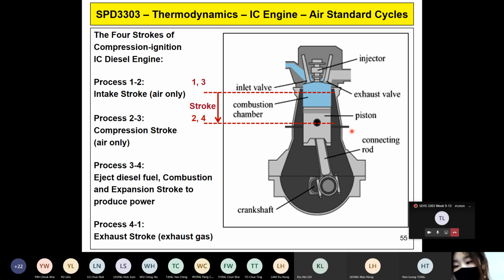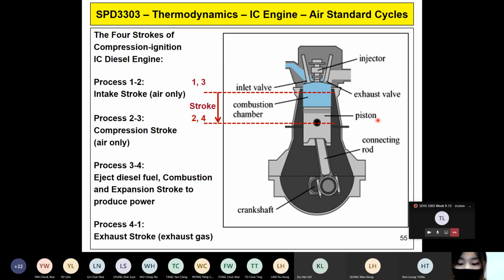After the combustion, what we have inside the cylinder is the burned gas. This gas now is useless because from the second thermodynamic law, you can never convert all the heat energy into useful work. Remember that?